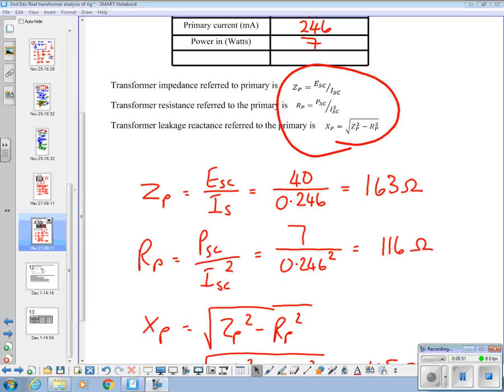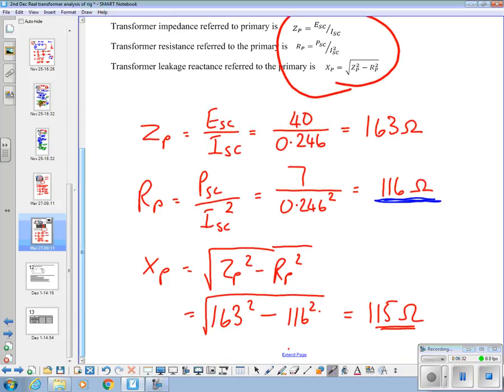Just checking that we've both got the same results. We found the overall impedance of the connected transformer under these conditions by dividing the short circuit voltage by the short circuit current. Get 163 ohms. Agree with that? Yeah. RP is then the measured power over the current squared. Get 116 ohms.